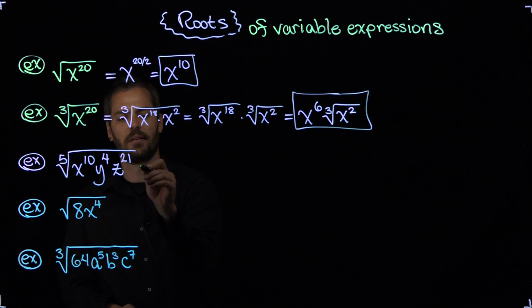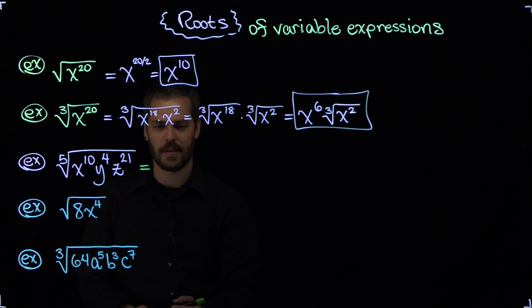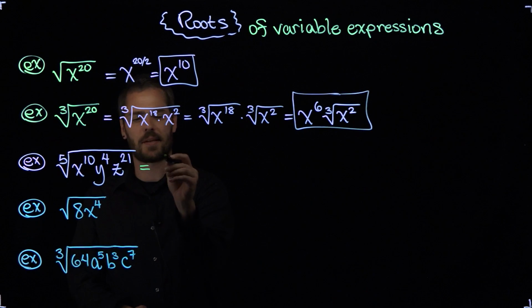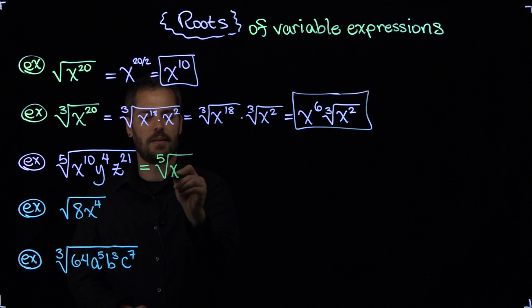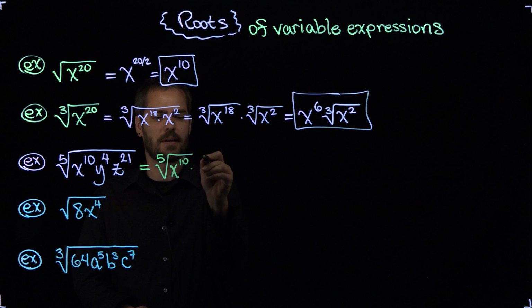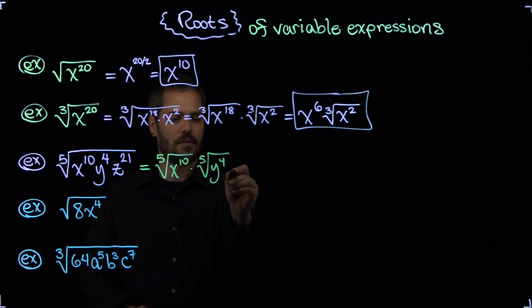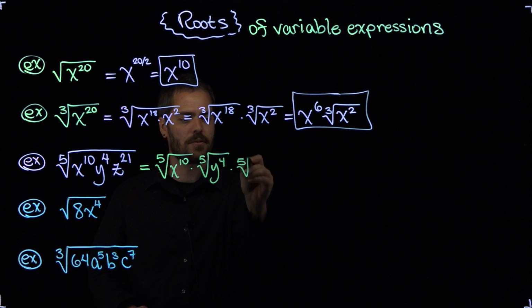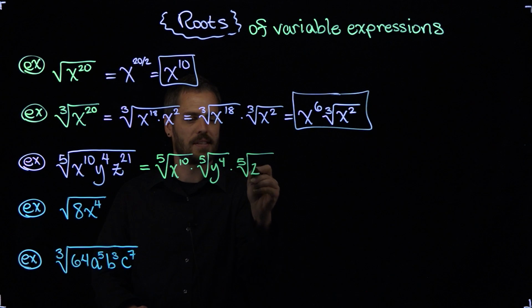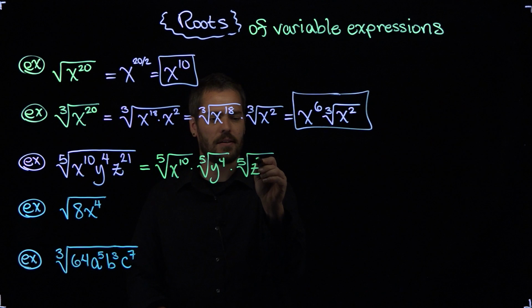So let me do all the stuff that I'm saying. I'm going to separate it out and call it the 5th root of x to the 10th times the 5th root of y to the 4th times the 5th root of z to the, I'm going to call it 20 times z to the 1st.